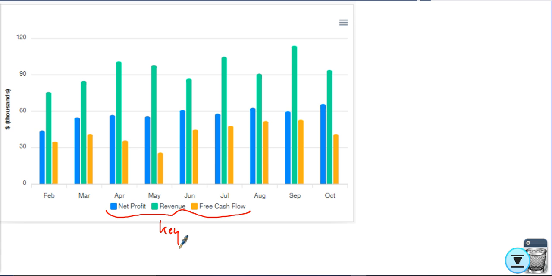For example, if we take the month of March, what do we know about the profit? Which was blue. I'm going to write it in blue. Net profit in March. Then we had the revenue, and then we had the free cash flow.